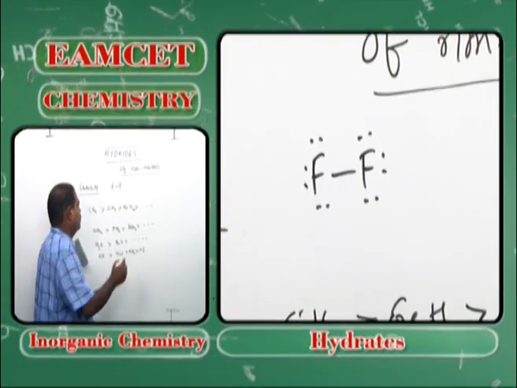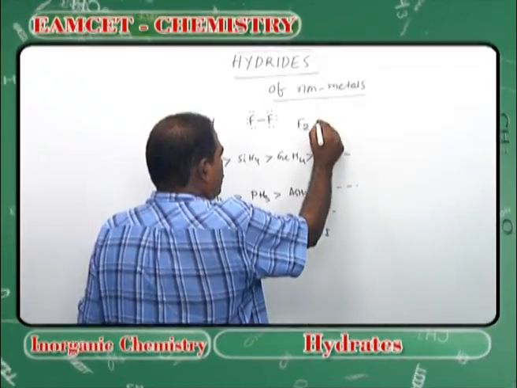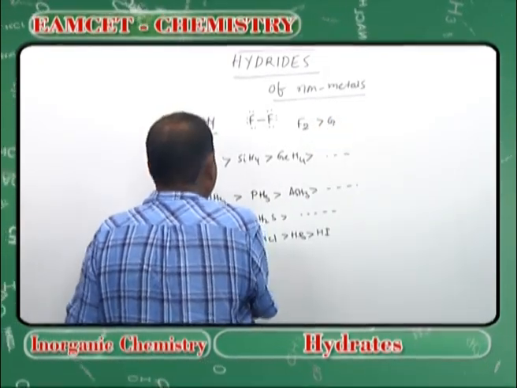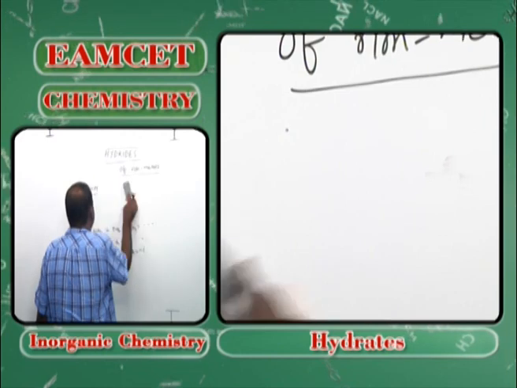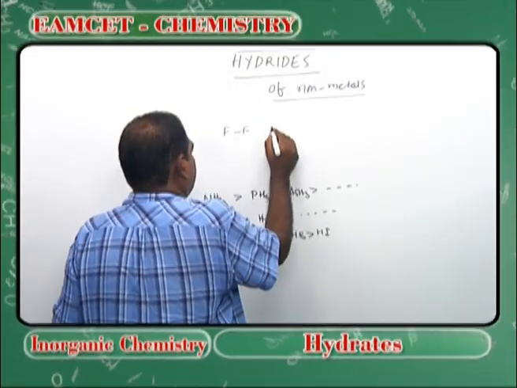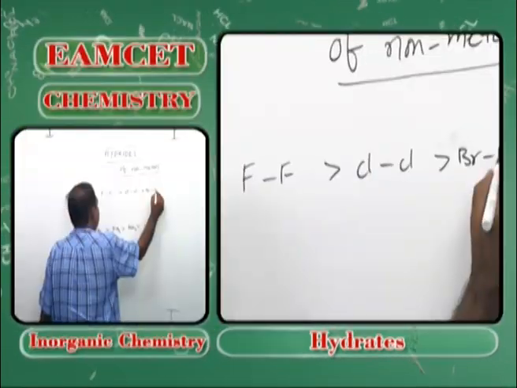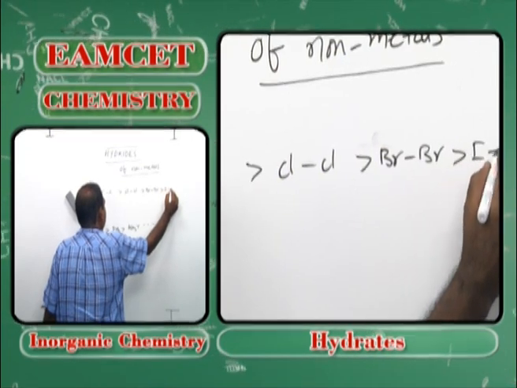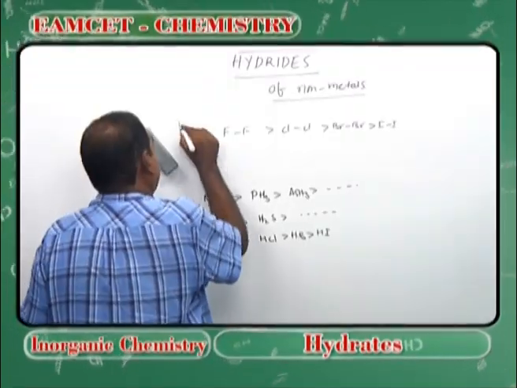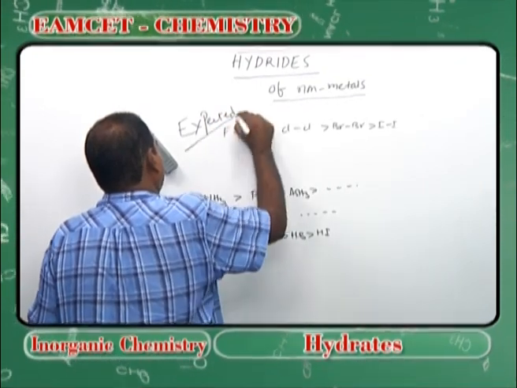The expected order of bond energy is F2 greater than Cl2 greater than Br2 greater than I2. Don't be mistaken, this is the expected order. And will you get the expected order?